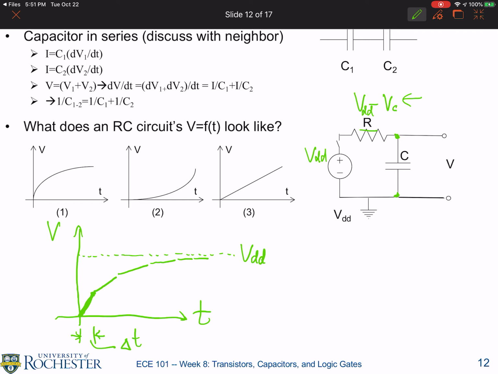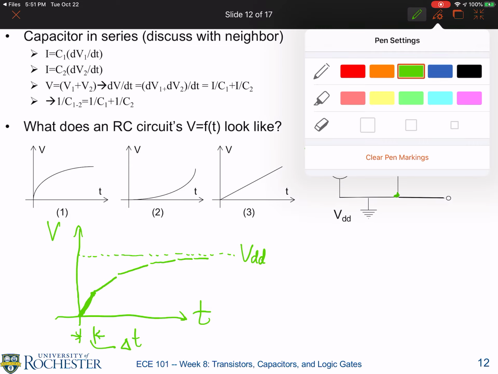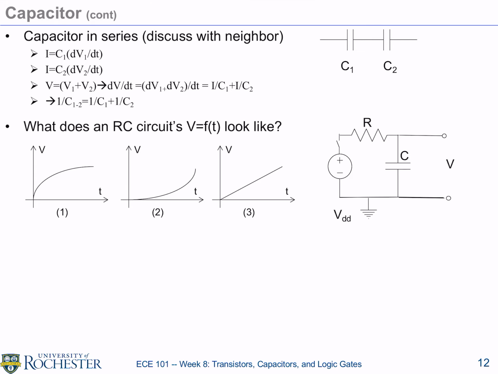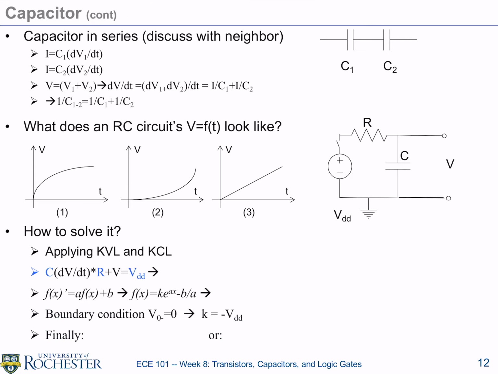Will it ever get there? The answer is actually no. It takes an infinite amount of time to actually get there because we can write the equations. It looks like this. Okay, so C times dV dt. Remember, what's dV dt times C? This is dq dt.